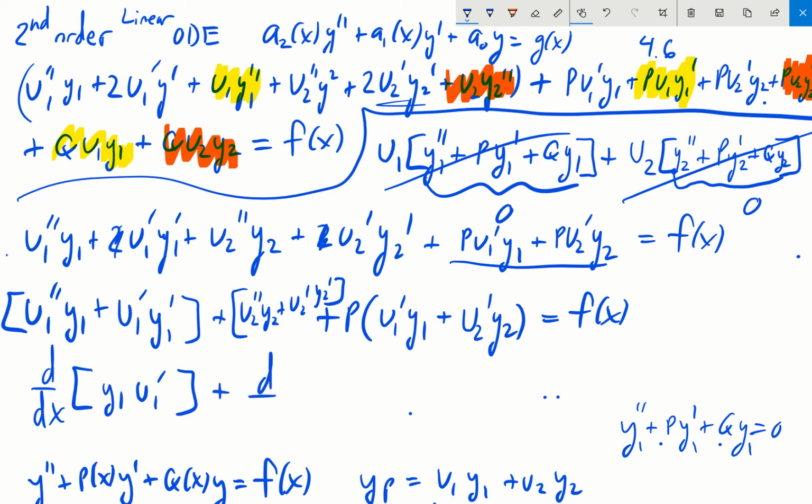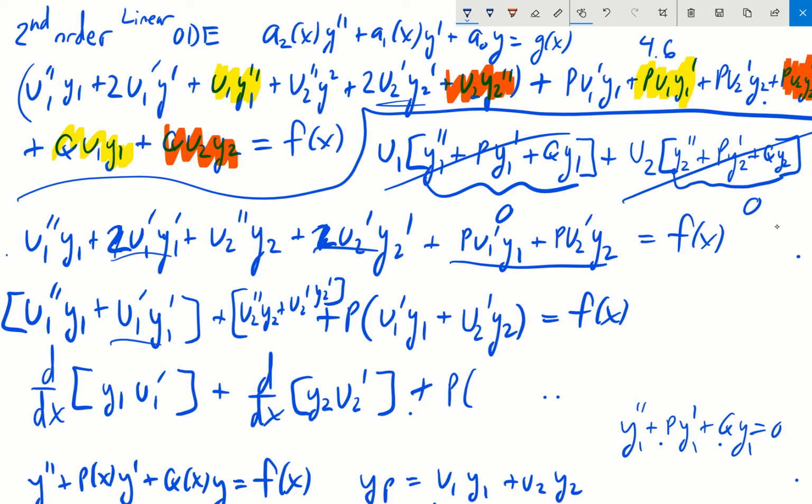Likewise, this second bracket would have come from the product rule for the derivative of y2 u2 prime, plus p of, oh no, sorry, those twos were supposed to be there. So what I wanted to do, there was no mistake here, my apologies. Those twos were there. I'm going to break one out.